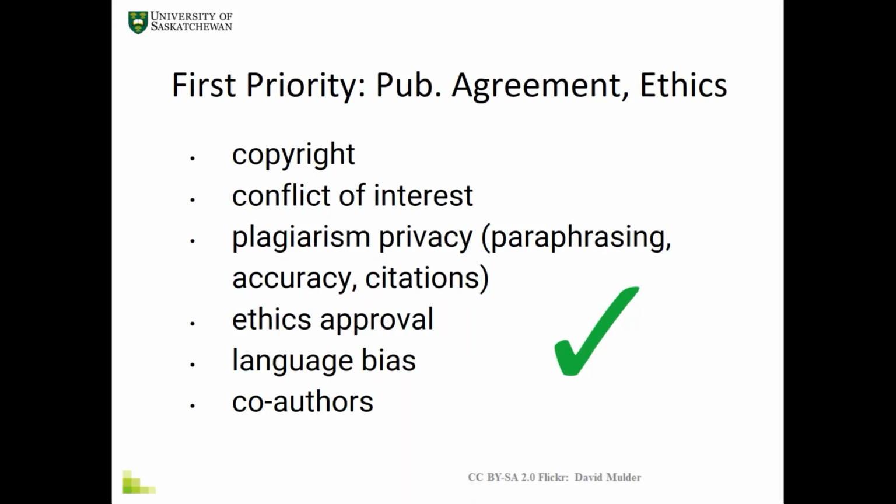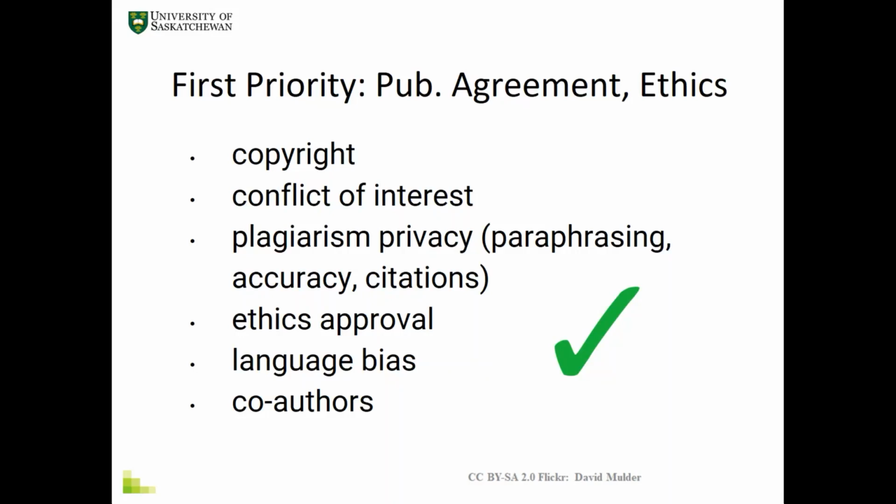And I don't know that you can work retroactively to get ethics approval for something you've already done. So think about that. It's something that if you're going into a class or a research project, you might want to think about in advance, like, oh, I might want to publish this assignment, so maybe my prof can help me with ethics approval processes.